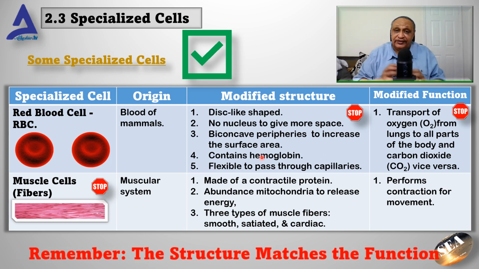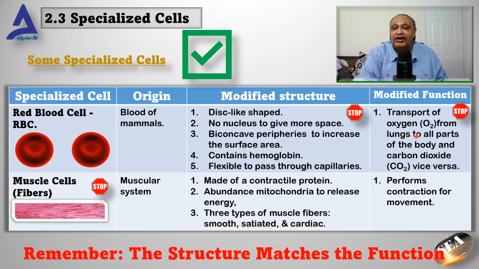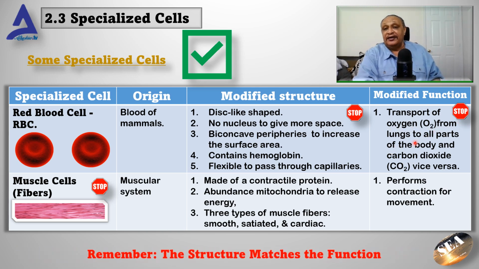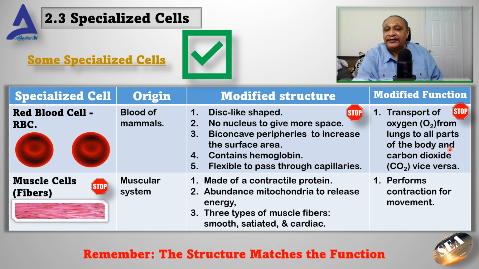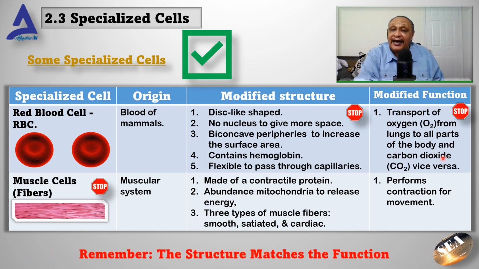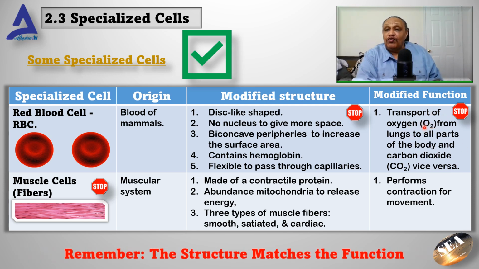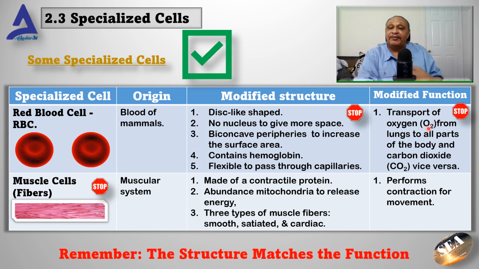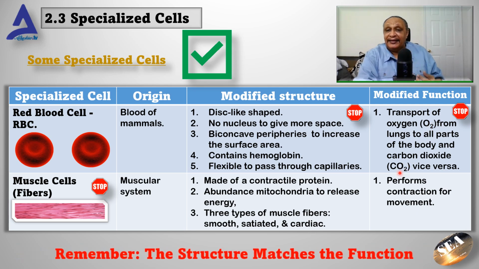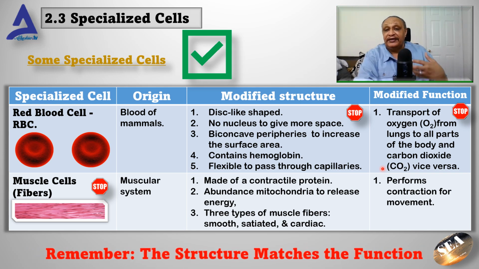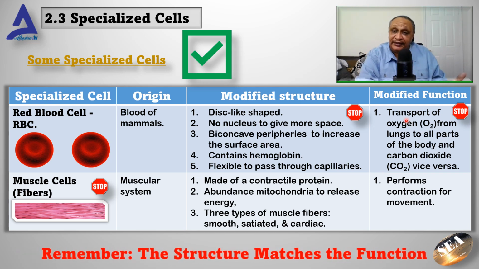This modification in the structure is important because it should transport oxygen from the lungs to all parts of the body, and carbon dioxide vice versa. Those are two gases. One is inspired from outside and the other is a byproduct of the metabolism in the body.